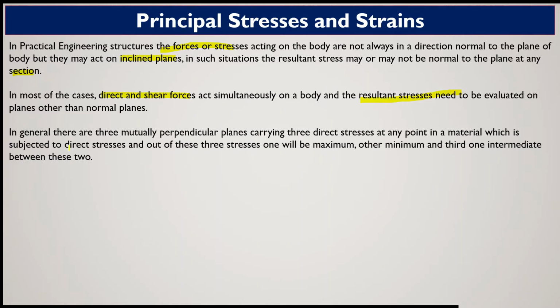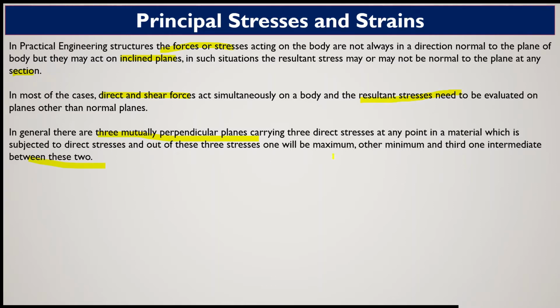Now in general, there are three mutually perpendicular planes carrying three direct stresses at any point in a material which is subject to direct stresses, and out of these three stresses, definitely one will have maximum magnitude, another will be minimum, and the third one will be intermediate between these two.